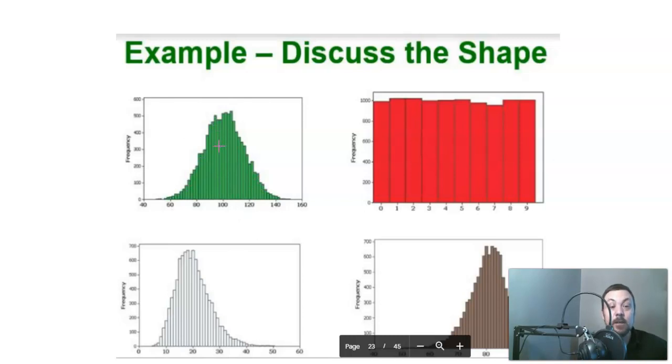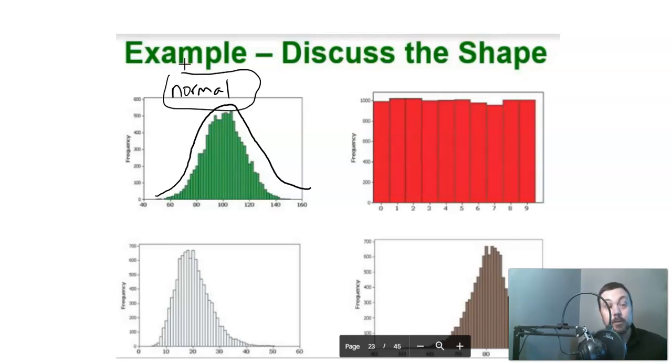And so this is a good example of what you would see if your data had what's called a normal distribution, which another name for that is a bell-shaped curve, right? So if you kind of outlined the pattern of the data here, you would get something like this, and this kind of gives it that bell shape. So this would be considered a normal distribution. So on the homework, if you're asked, does your histogram appear to have a normal distribution? You would say yes if it has this particular pattern. And you would say no otherwise.